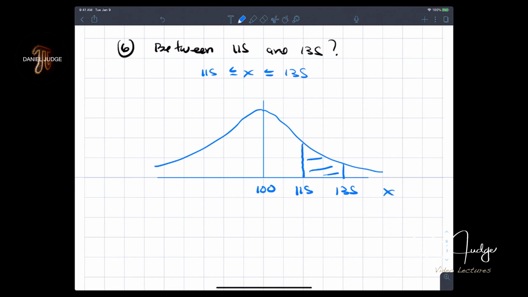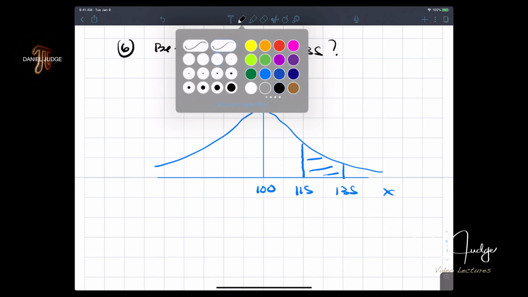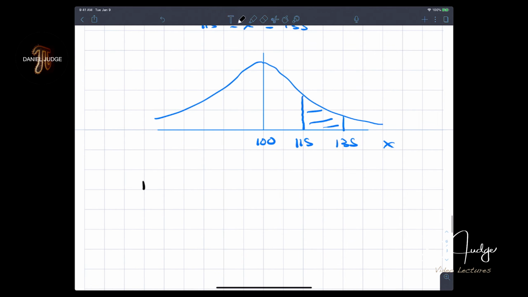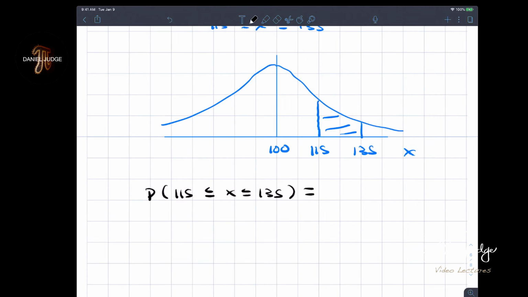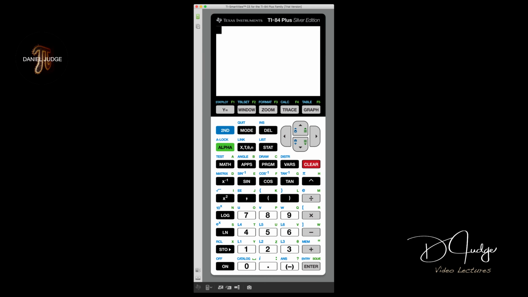This is a normal distribution question. So written with probability notation, which is what the TI gives you answers to, right? We have to find what percent of the bell is shaded between 115 now and 135. So, all right, let's try this out. Let's say, okay, TI. Let's clear this out.